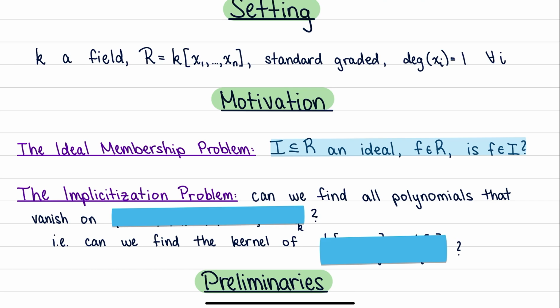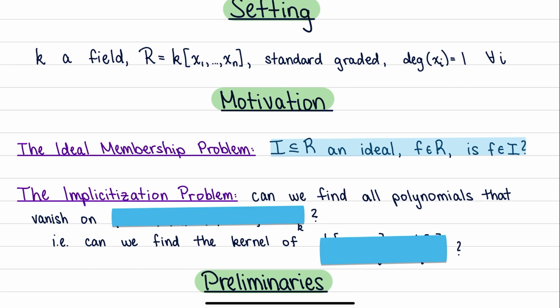But if the answer is no, it's a lot harder to answer for sure. However, this problem is completely solved by Gröbner bases. You can ask Macaulay 2 this problem, and Macaulay 2 will compute a Gröbner basis to give you your answer.